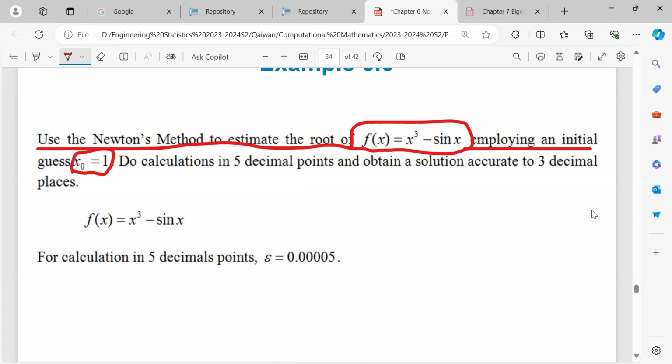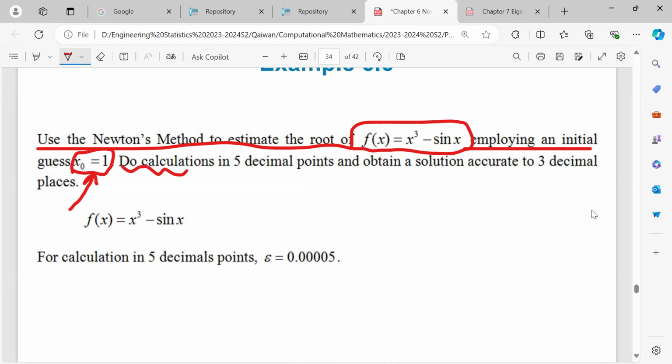But in the second method, we need two x values, which are x naught and x1, to find x2. But here in Newton's method, we can find each x value from the previous x value. So you just need one x value at the beginning. So here the initial value for x naught is 1. This is given.